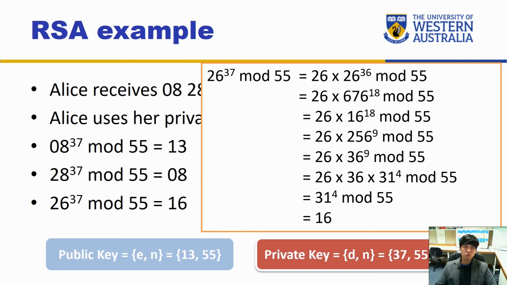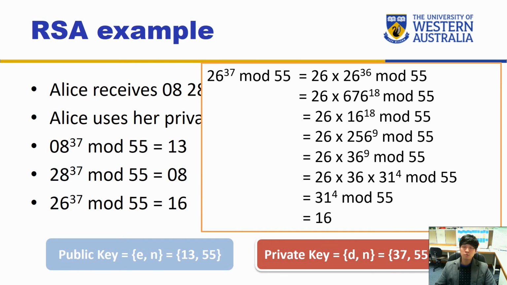So this becomes 256 to the power of 9, which reduces to 36 to the power of 9. Since this power value is odd, I'll take one out here, and then it becomes 36 squared to the power of 4. So 36 squared, and then you reduce it, it becomes 31. And at this point, if you multiply these two together, it takes away.